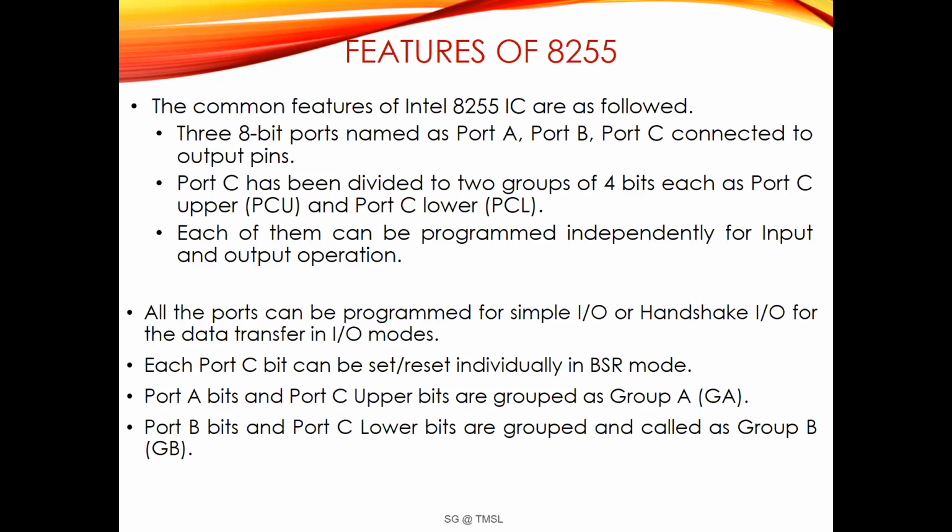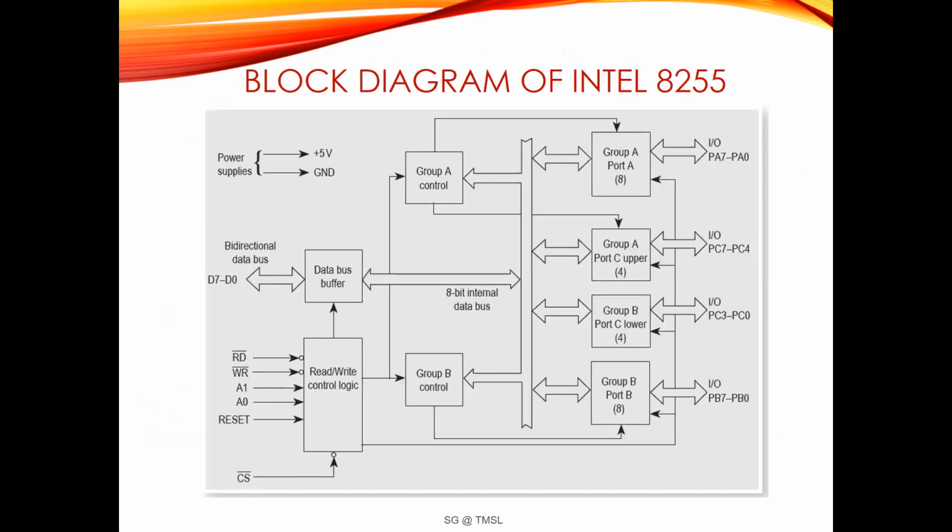So the bits of port A and port C upper are grouped as group A, and the bits of port B and port C lower are grouped as group B. Now this is the block diagram of Intel 8255 PPI. It's a programmable peripheral device.